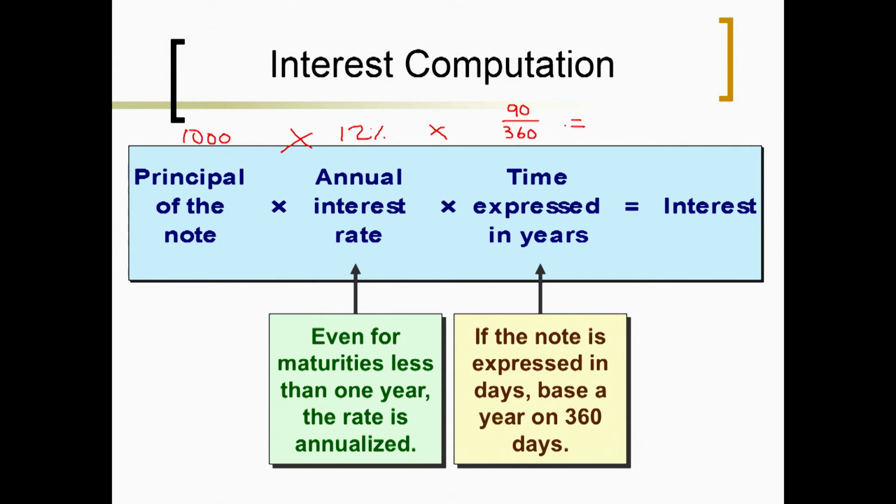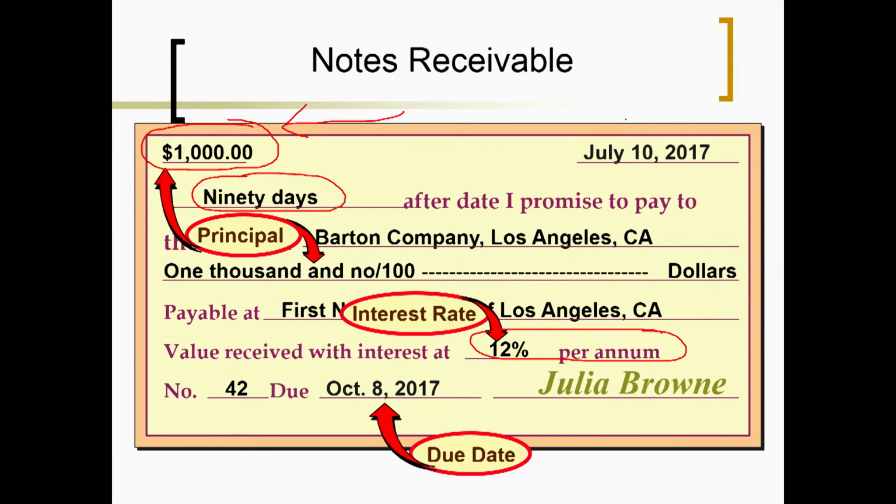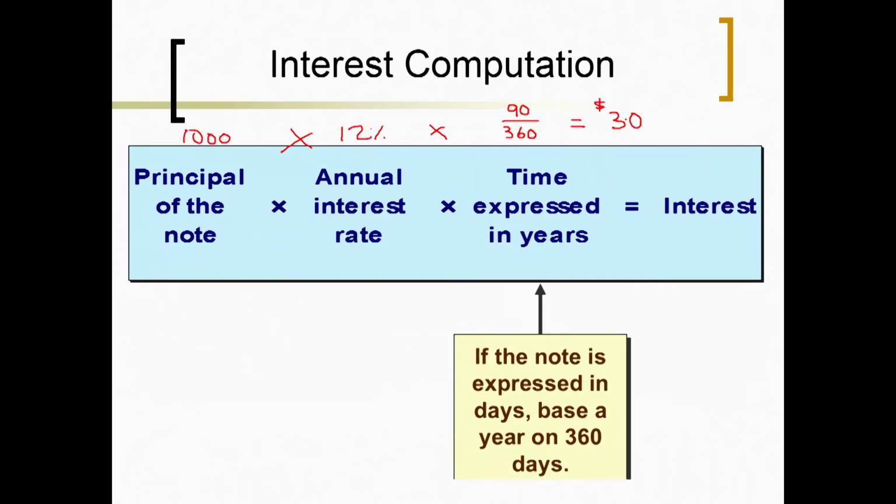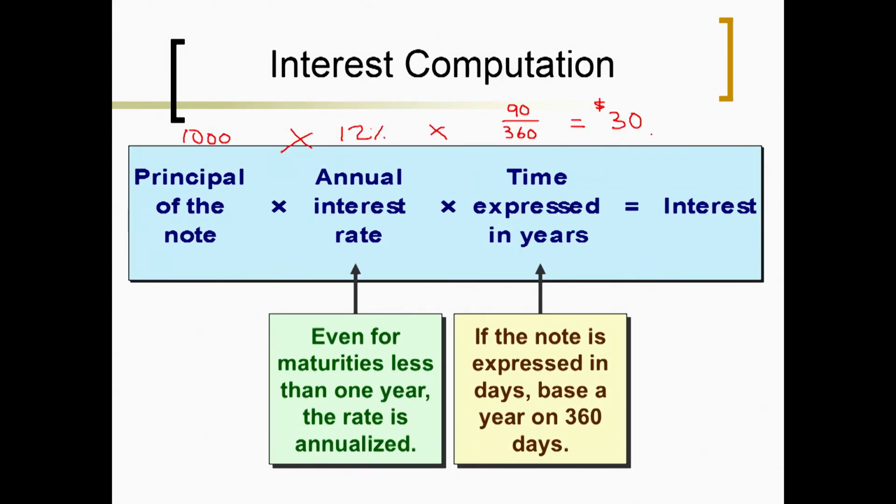So that means we would get, what is that, 30 bucks? So when Barton Company receives payment, they're not just going to get the $1,000, they're also going to get $30 of interest. Does that make sense?